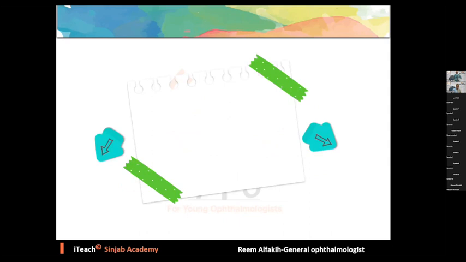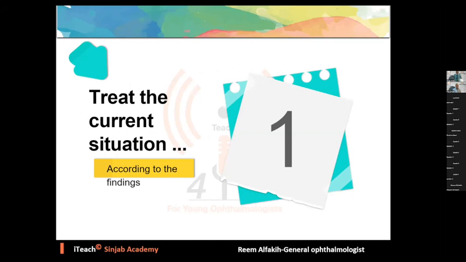So what's the benefit of knowing all that? It's to direct us to the right goals of treatment. The first goal is to treat the current situation according to the findings. The current stromal or endothelial keratitis association of epithelial keratitis could be treated with topical acyclovir or steroid.